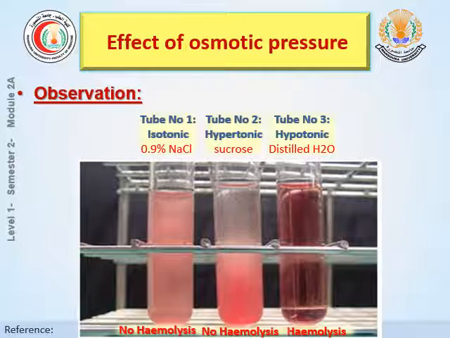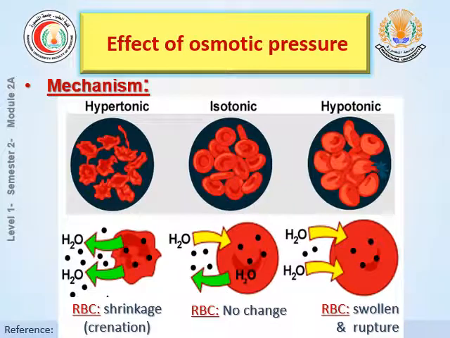Mechanism: in the hypertonic solution, water goes out from the red blood cells, resulting in shrinkage or crenation of the RBC. Tube number 3, because osmotic pressure is lower outside than inside the RBC, water enters, so swelling and rupture.